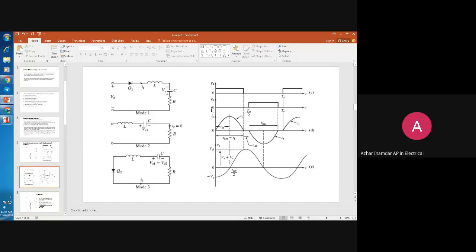Two IGBTs with different gates, this is the output current, and this is the voltage across the capacitor. We have to find out the output current and also the voltage across the capacitor for mode 1 and mode 3.